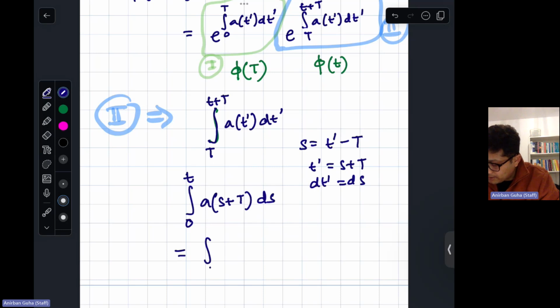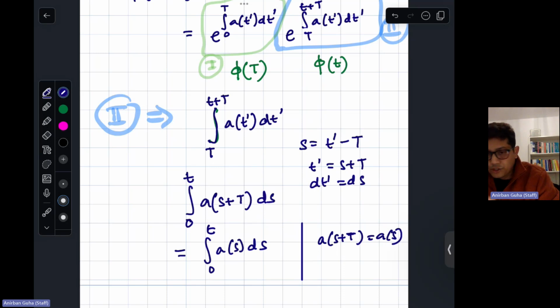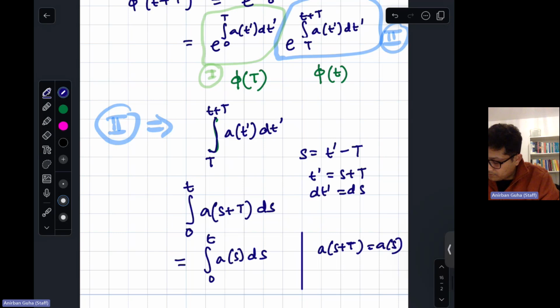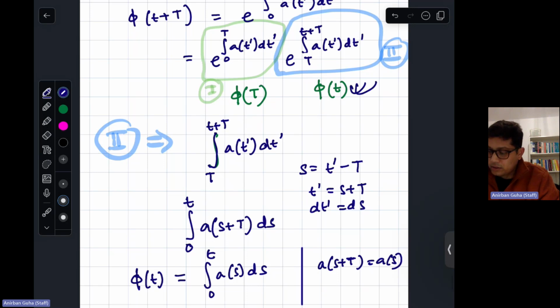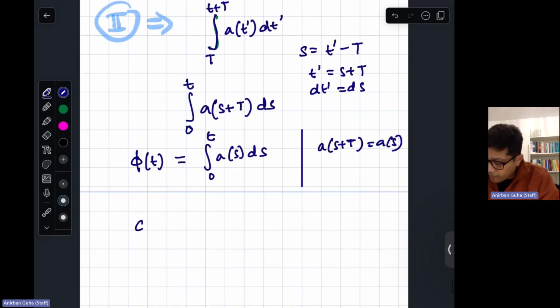Which means that the integral is from 0 to t of A of s ds, because A of s plus T is A of s by periodicity, since the function A is T periodic, right? And the integral from 0 to t of A of s ds is nothing but phi of t. So phi of t plus capital T is phi of capital T times phi of small t.